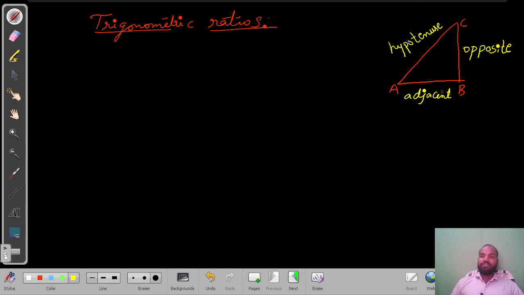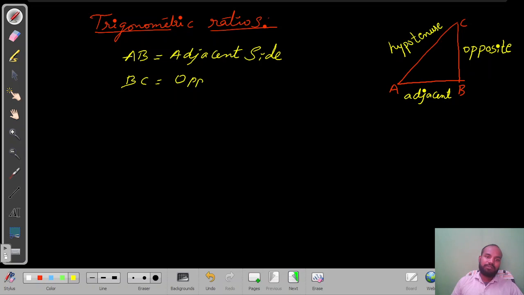So I have given the sides and their names. Am I clear? Yeah. So I am writing here: AB equals what? AB is the adjacent side. Don't confuse. For your clarity, I am explaining each and everything from the base level. Now what is BC here? BC equals the opposite side.